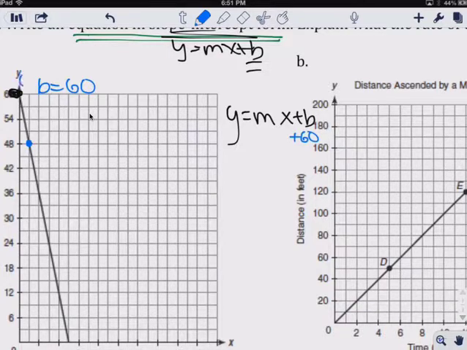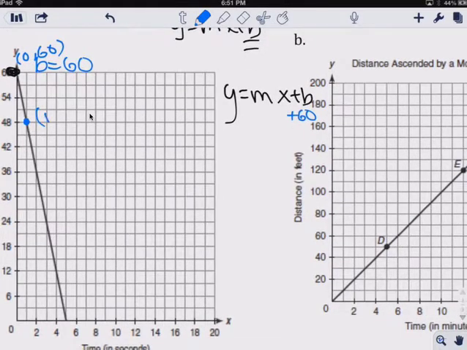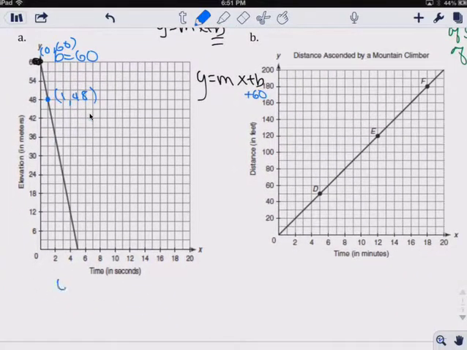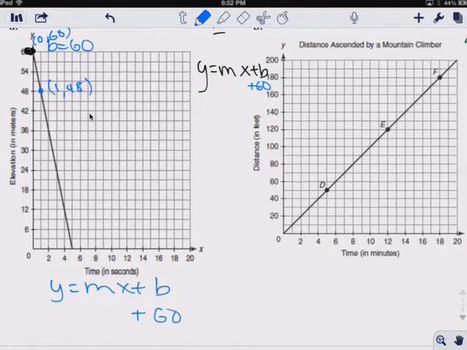So I'm going to use 0, 60, and 1, 48. I can find slope. I'm going to put my answer here. y equals mx plus b. b we know is 60 plus, and I'm going to find slope here. m equals 48 minus 60, y2 minus y1 over x2 minus x1, over 1 minus 0.